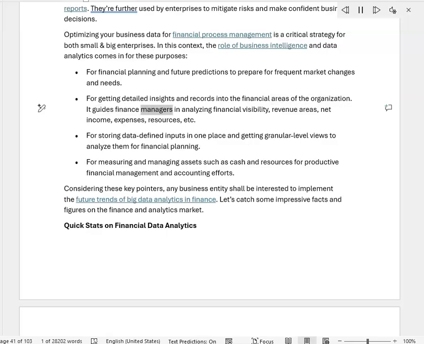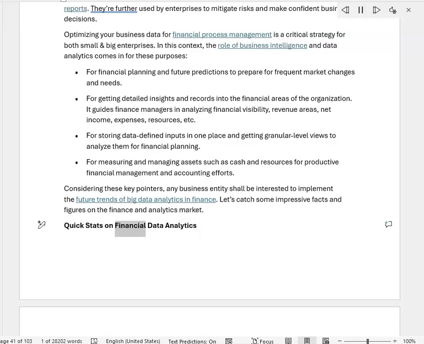It guides finance managers in analyzing financial visibility, revenue areas, net income, expenses, resources, etc. For storing data-defined inputs in one place and getting granular level views to analyze them for financial planning. For measuring and managing assets such as cash and resources for productive financial management and accounting efforts. Considering these key pointers, any business entity shall be interested to implement the future trends of big data analytics in finance. Let's catch some impressive facts and figures on the finance and analytics market.